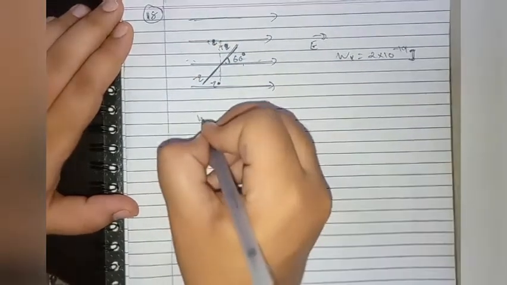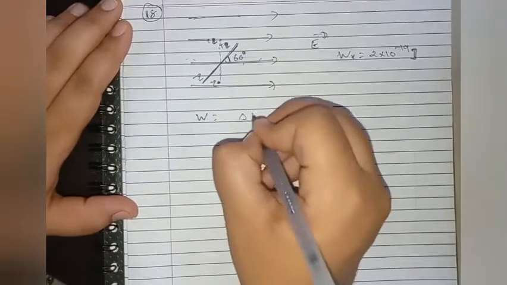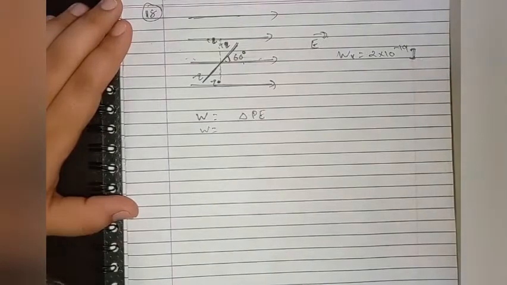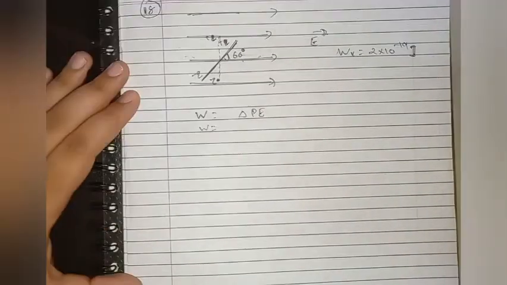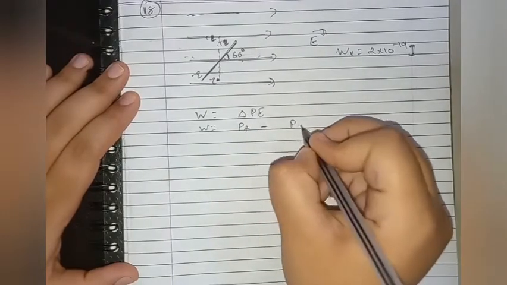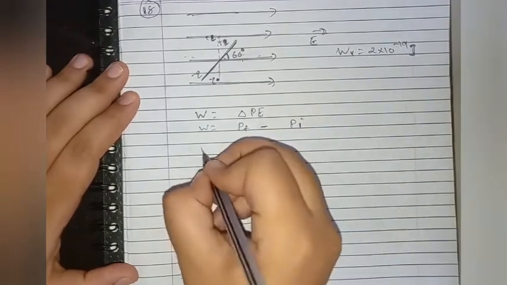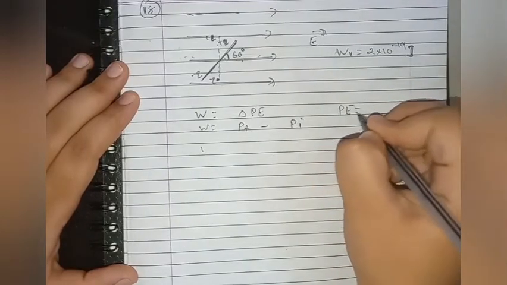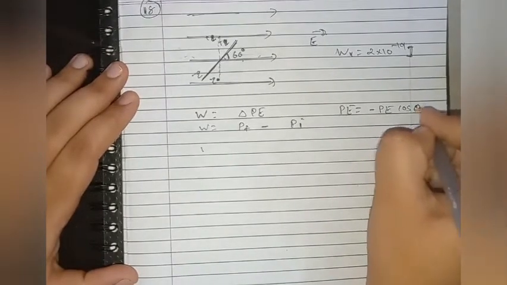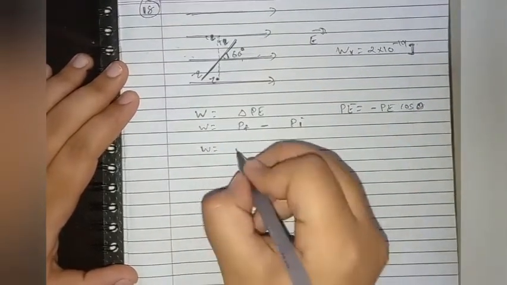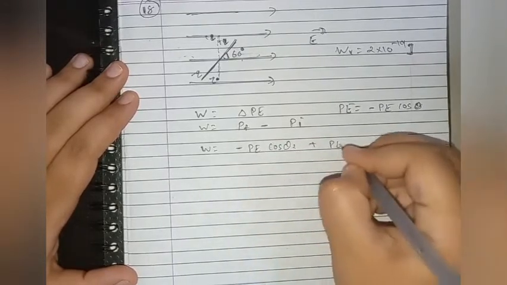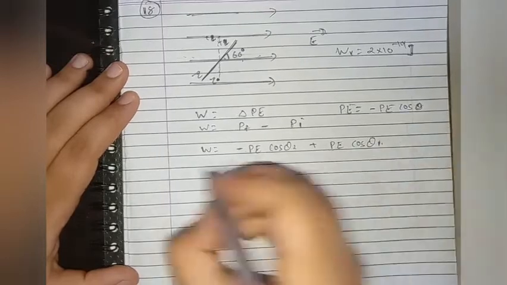Now, work done can be written as change in potential energy. So work done will be final potential energy minus initial potential energy. The potential energy of a dipole can be written as minus of PE cos theta. So work done will be minus of PE cos theta 2 plus PE cos theta 1.